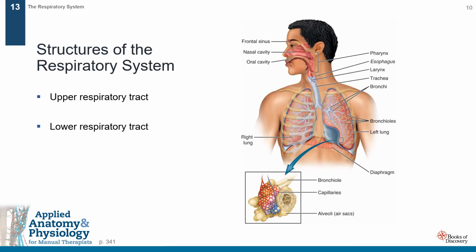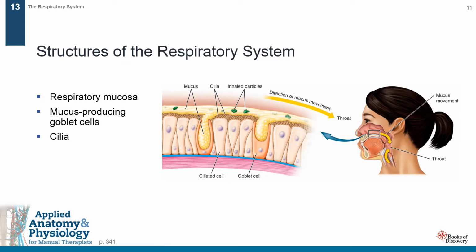And here we see illustrated the structures of the respiratory system, the upper respiratory tract and the lower respiratory tract. The respiratory tract is lined with a mucous membrane that consists of pseudostratified ciliated columnar epithelium interspersed with mucus-producing goblet cells.